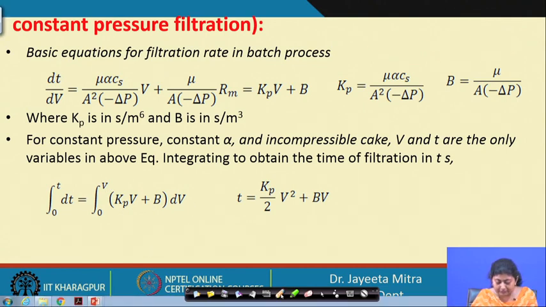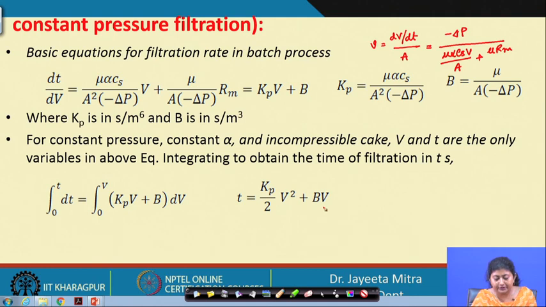So, we get the expression t equal to Kp by 2 into V square plus BV. So, this is the time required for constant pressure filtration.